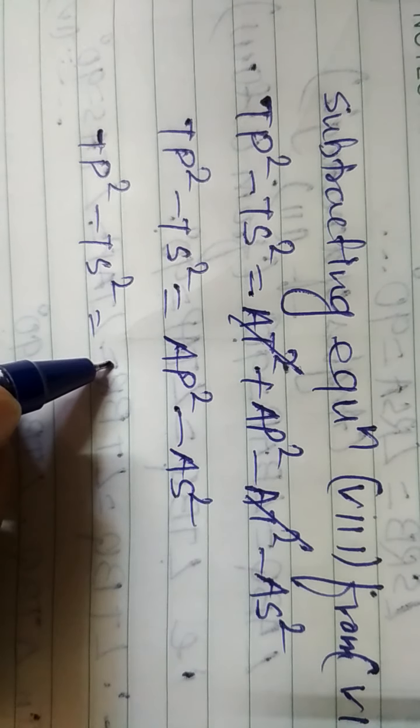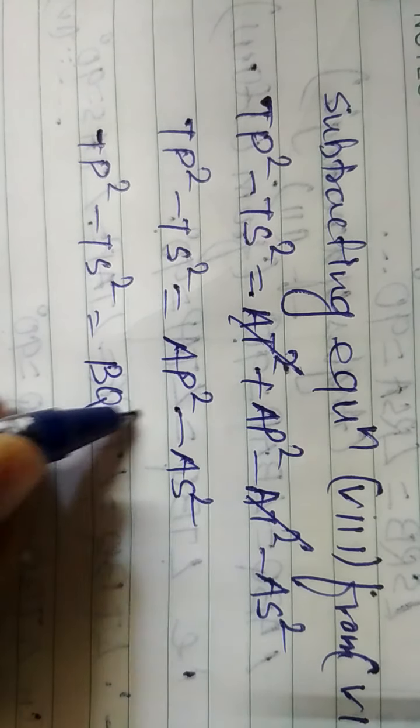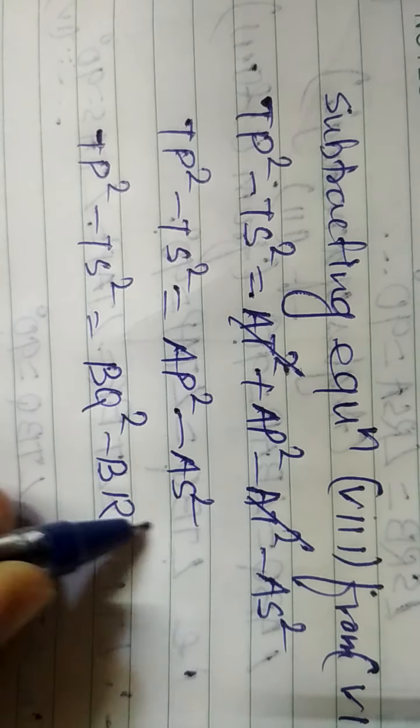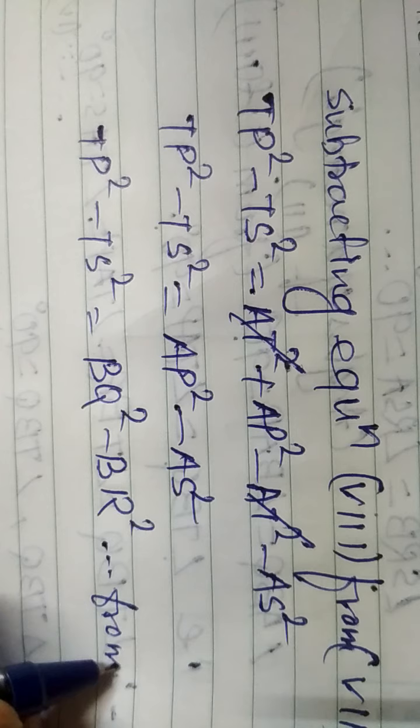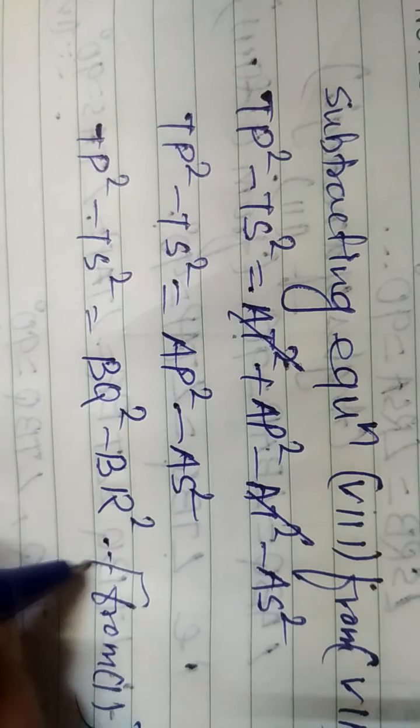So what are we getting? TP square minus TS square equals, as we got previously, BQ square minus BR square, from equation 1.